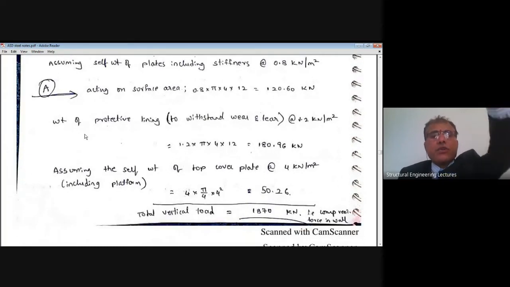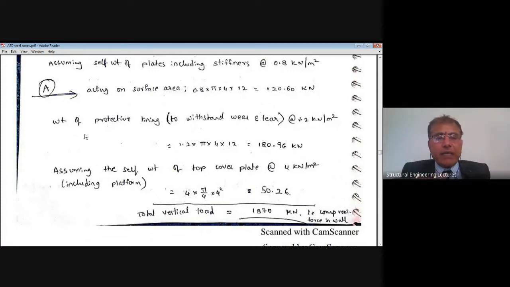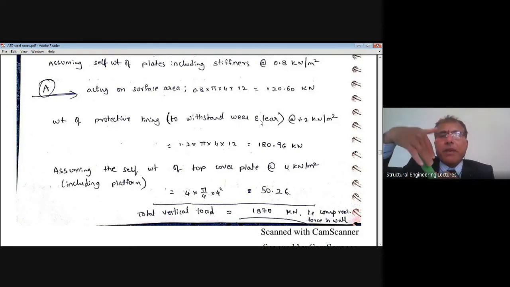And also, on the inside we do paint a protective lining paint, right? Therefore this lining will withstand the wear and tear, because once material is dumped from a particular height, that will hit the walls of the bin, and that will undergo abrasion, right? Therefore that will undergo wear and tear.